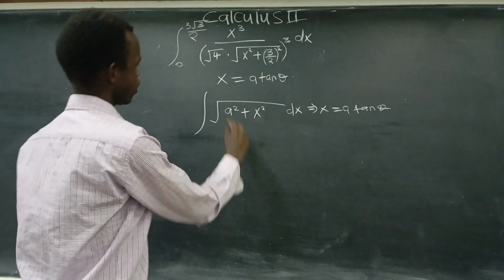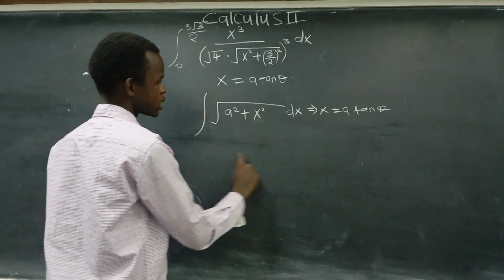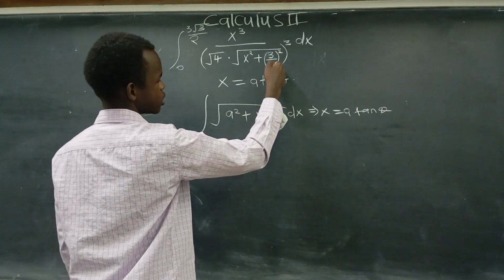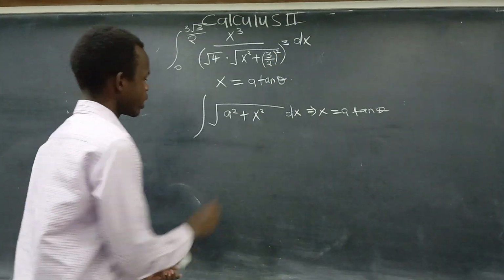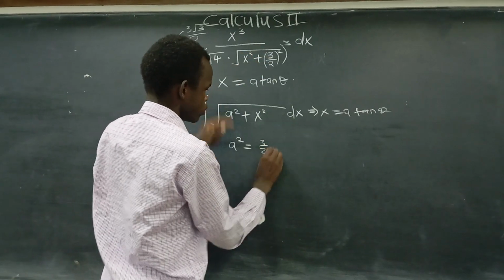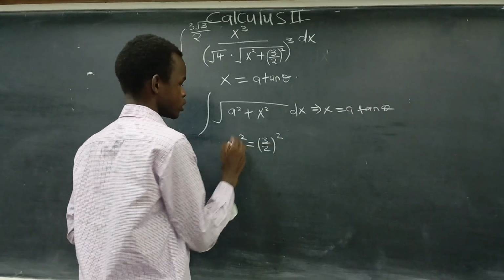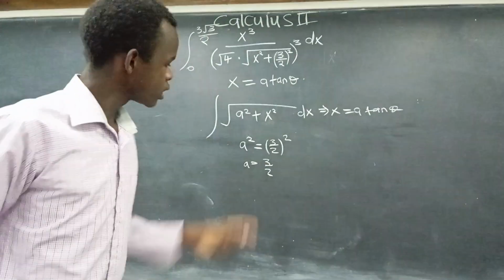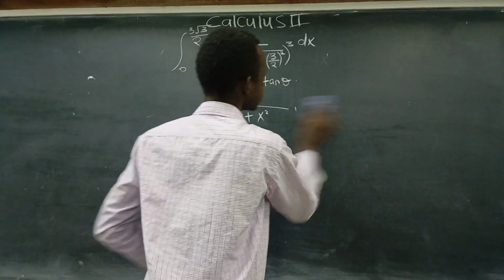So this is what we have been trying to manipulate. As you can see, a squared resembles this part, so our a squared is the same as 3 over 2 squared. The square goes with the square, so I get my a as 3 over 2. That's my value for a.